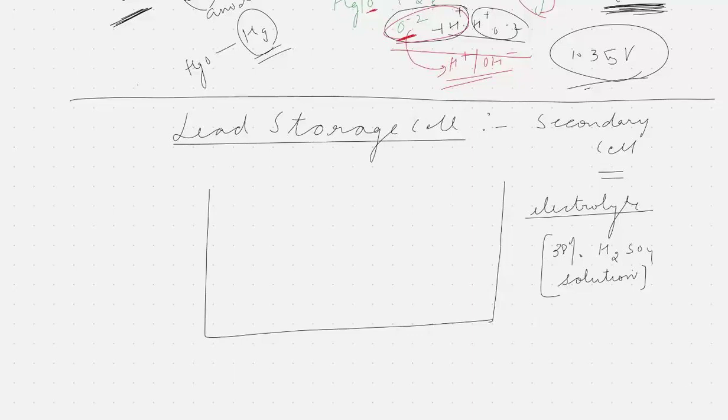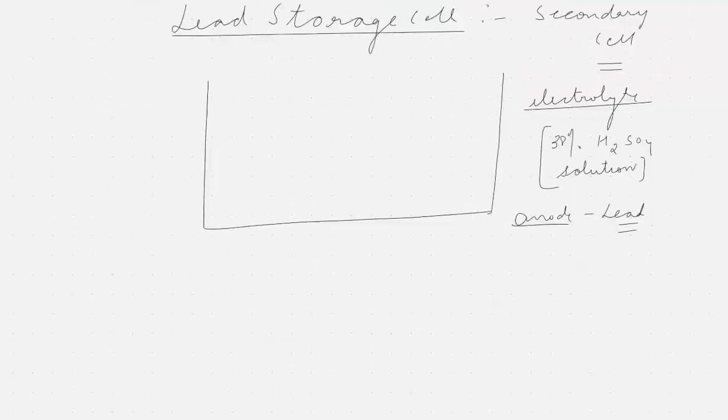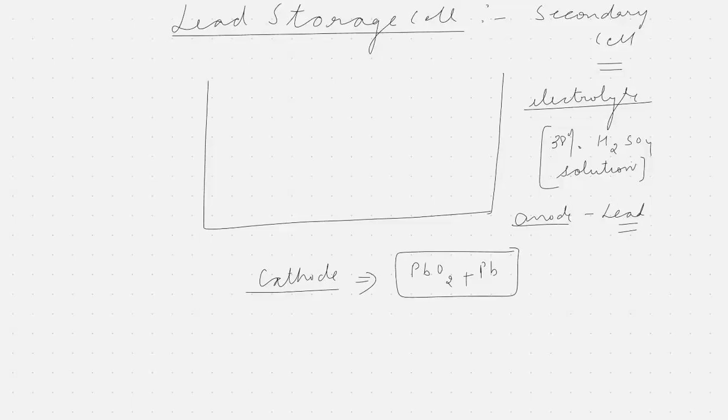The anode here is lead. And the cathode here is lead oxide, a mixture of lead and lead oxide. Understood the point?